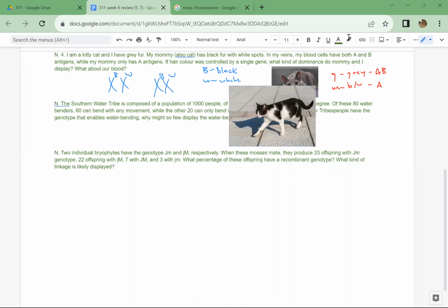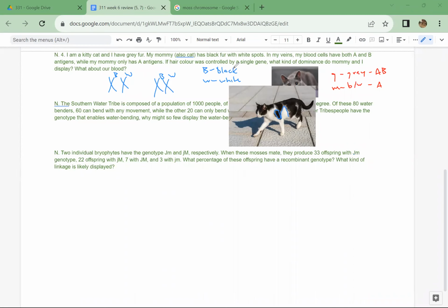What happens is that we don't have that traditional Mendelian inheritance where one allele dominates another, because we see on this cat distinct patches of black and distinct patches of white. They coexist in their dominant state.